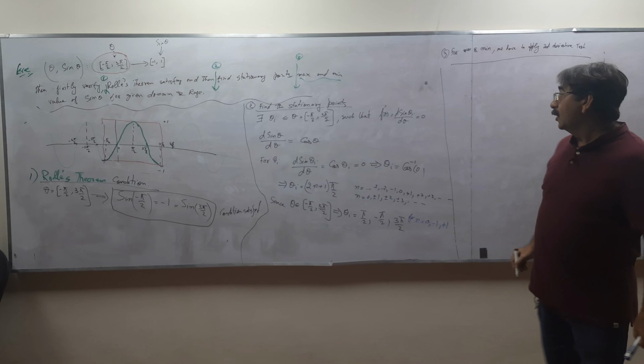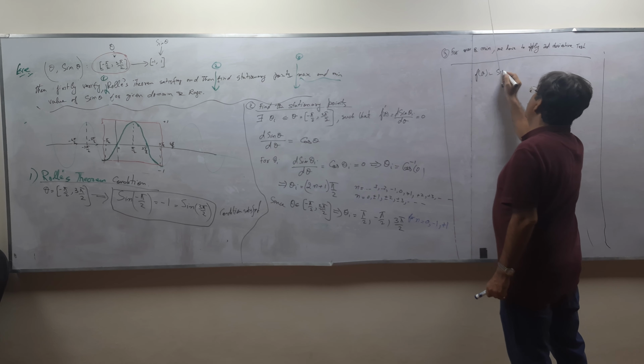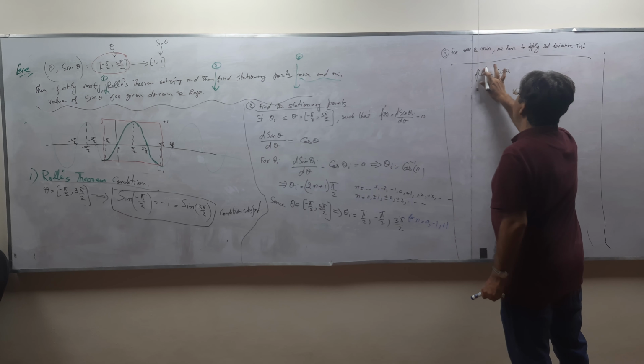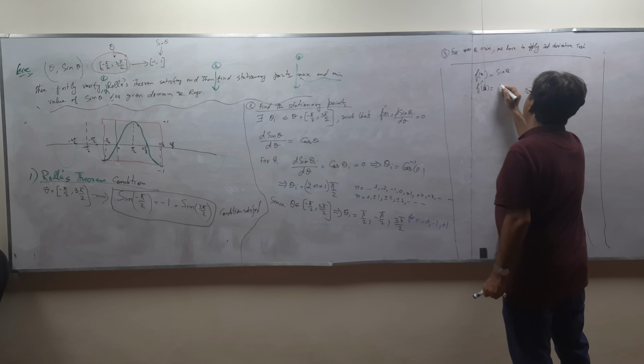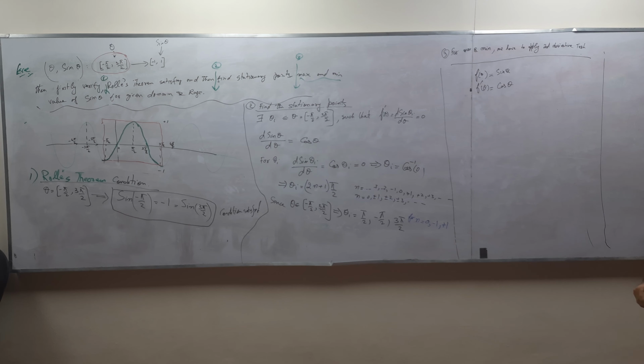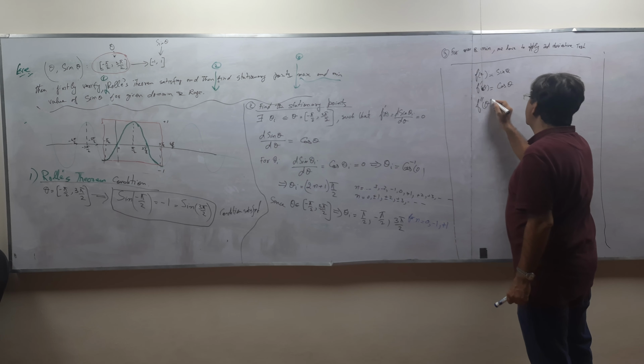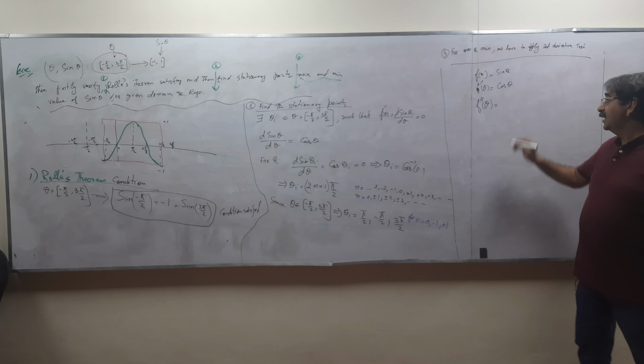So what is f theta? That is sine theta. What is the derivative of f theta? That will be cos theta. Derivative of sine is cos theta. What will be the double derivative when we take the derivative? Yes, minus sine theta.